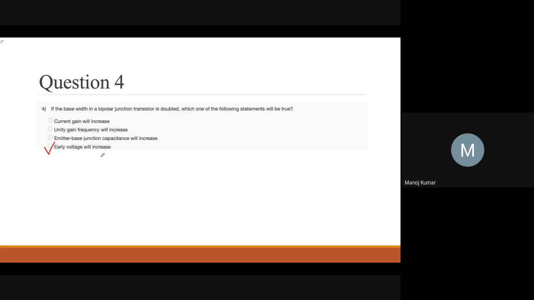Early voltage is a measure of the output resistance of a transistor, and it is related to base width modulation. Please, all of you, listen carefully. Actually, it is related to R naught.